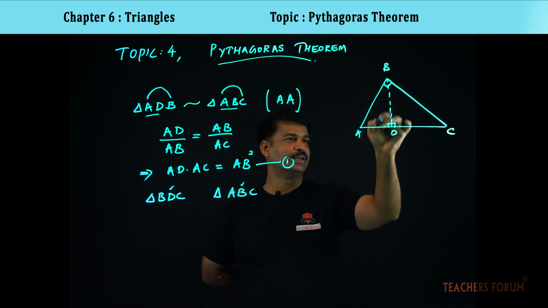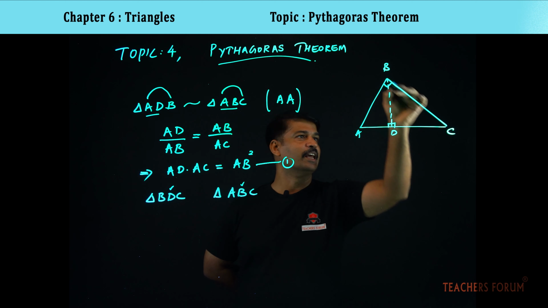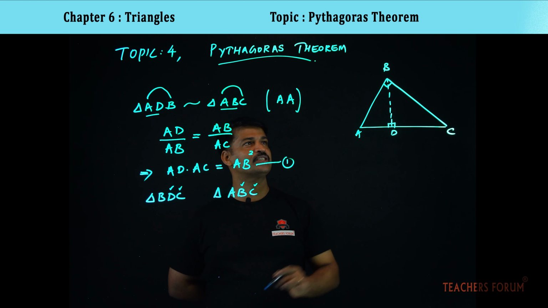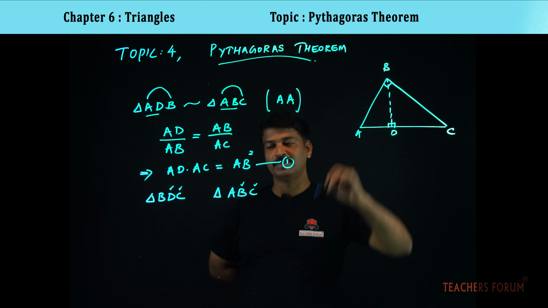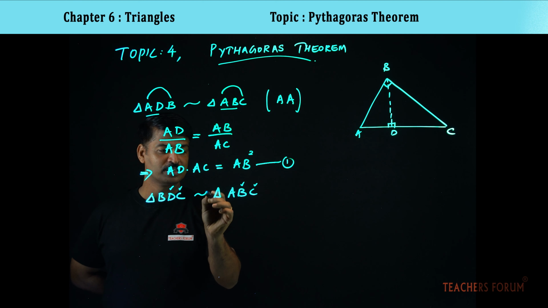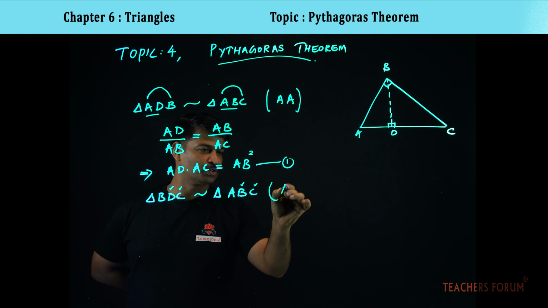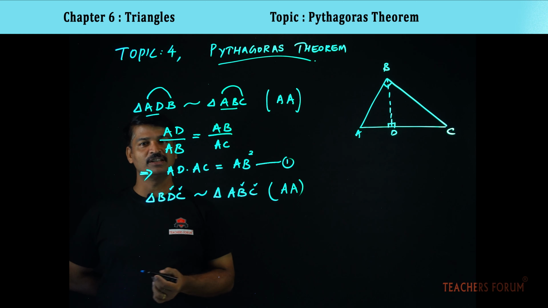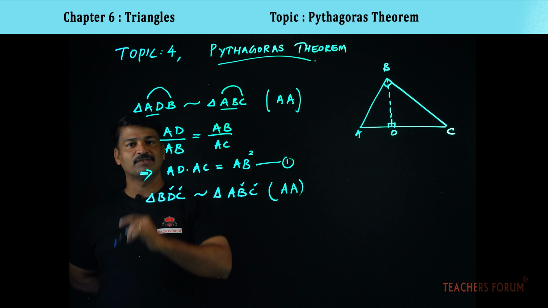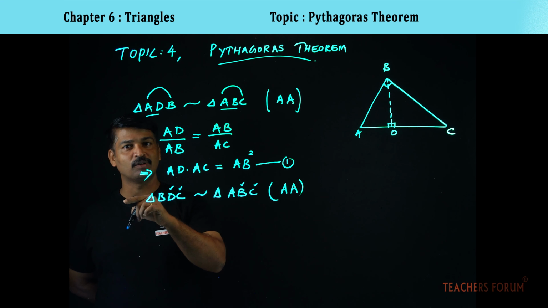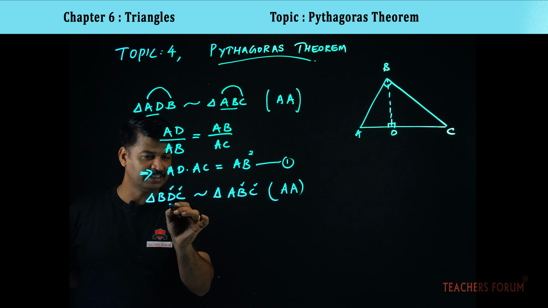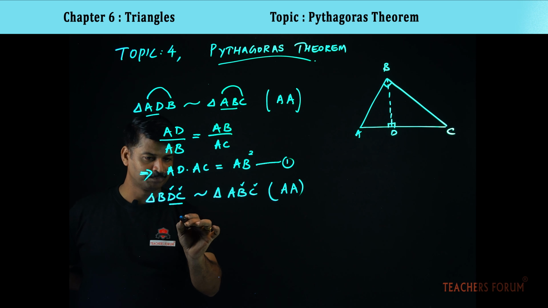You see, in BDC you have angle C. In ABC you have angle C. They are common. So what can you say about these two triangles, BDC and ABC? They are also similar. Which criterion did we use here? AA similarity. If two triangles are similar, their corresponding sides will be proportional. So let us take the side DC from the first triangle.